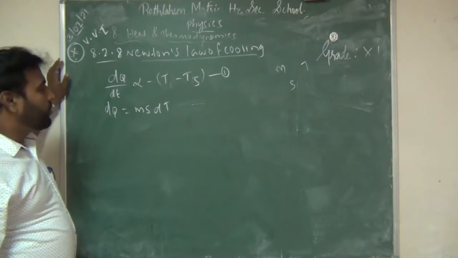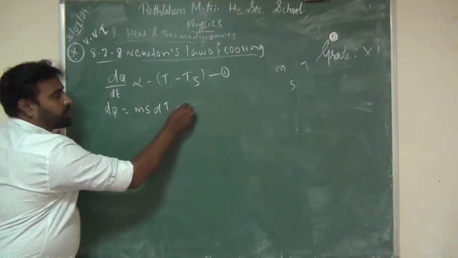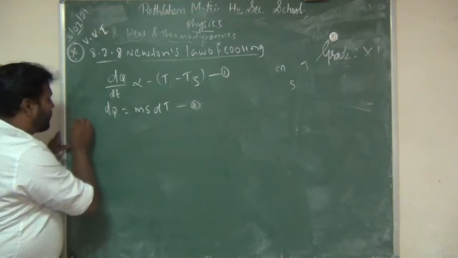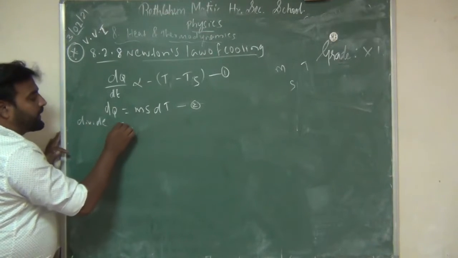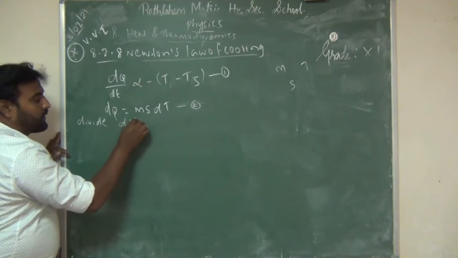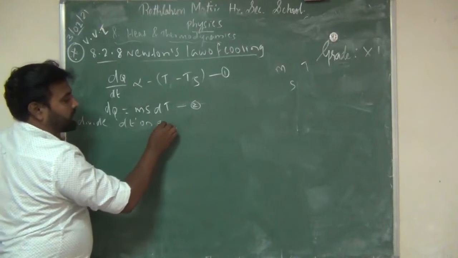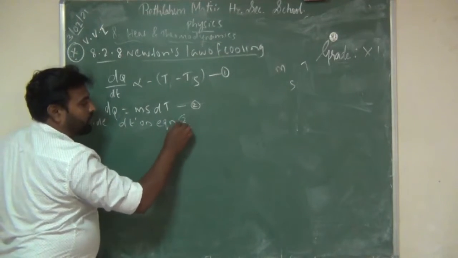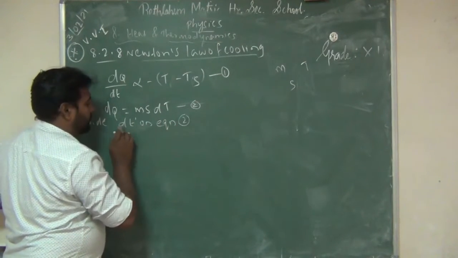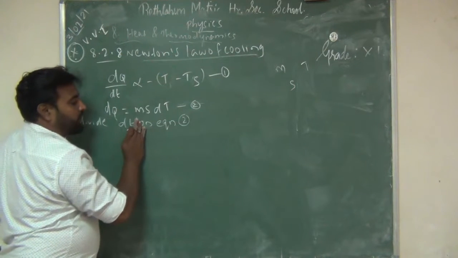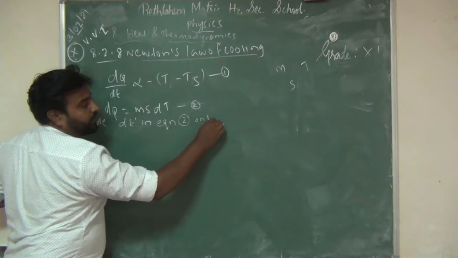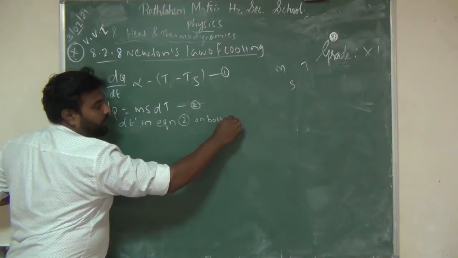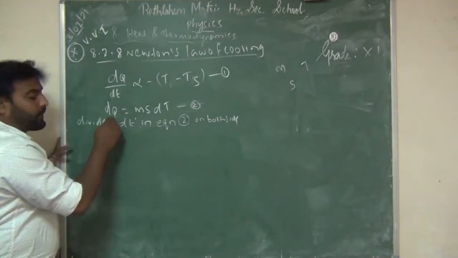Now take this as equation 2 and divide both sides by dt.